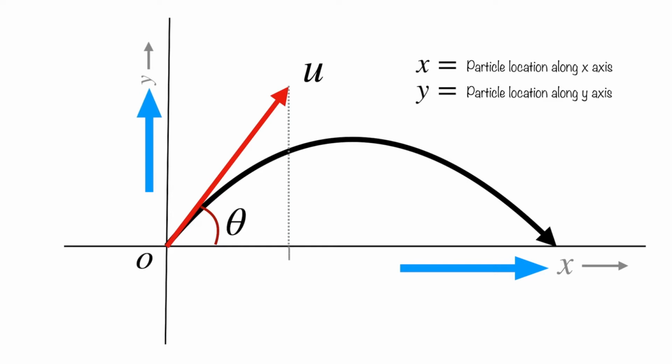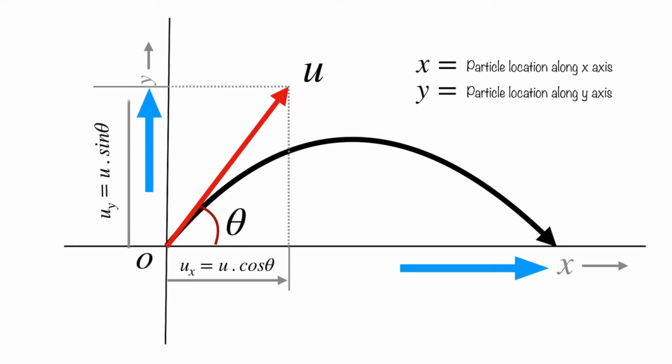The component of u in the x direction is ux, which is equal to u cos theta, and the component of u in the y direction is uy, which is equal to u sin theta. Now let's consider a point (x, y) at time t on the projectile path. Now we have to follow the three-step method to find the equation of trajectory of this projectile.